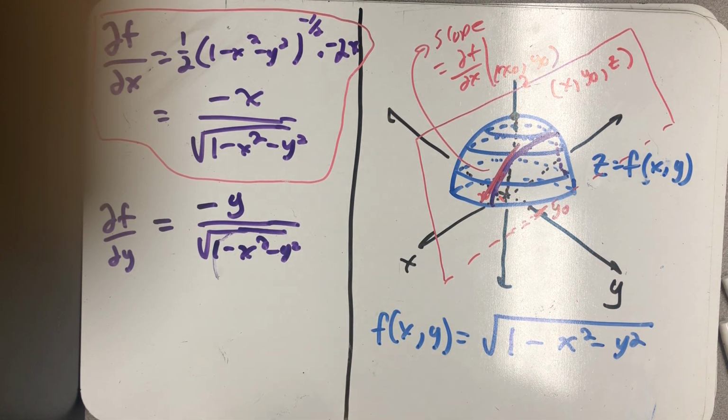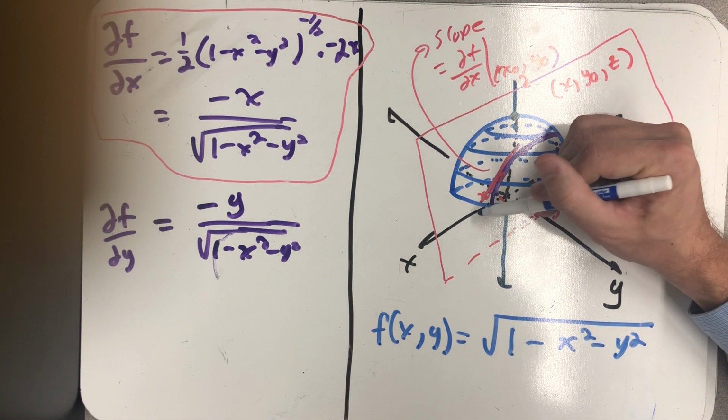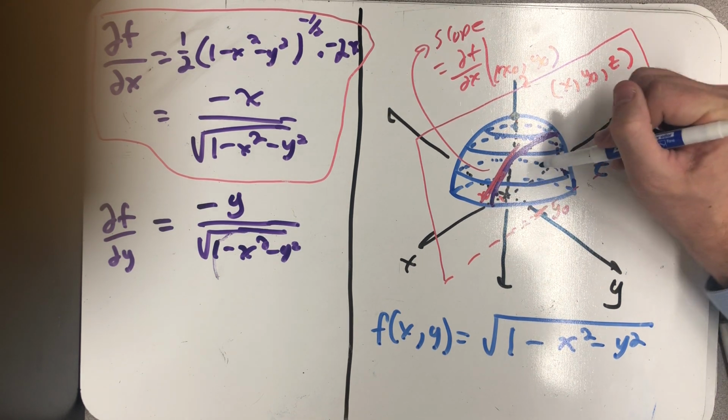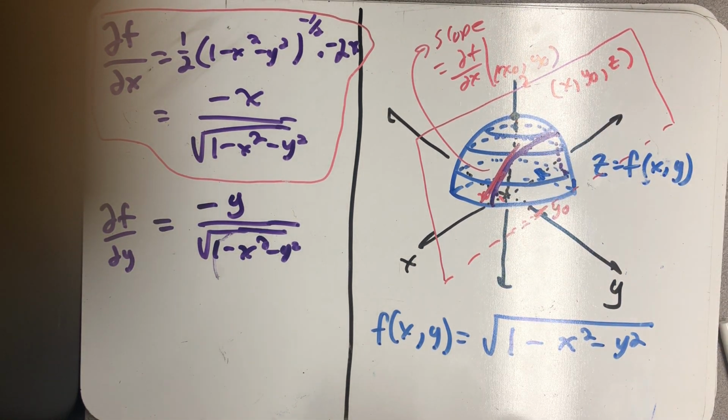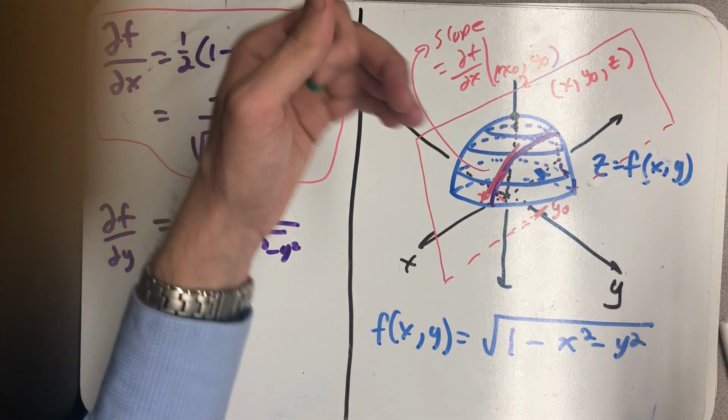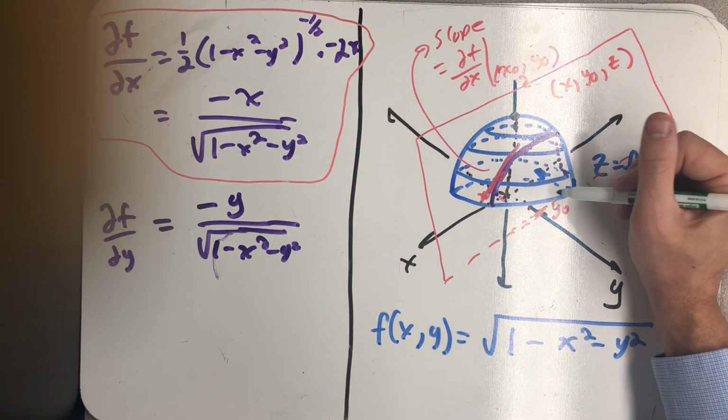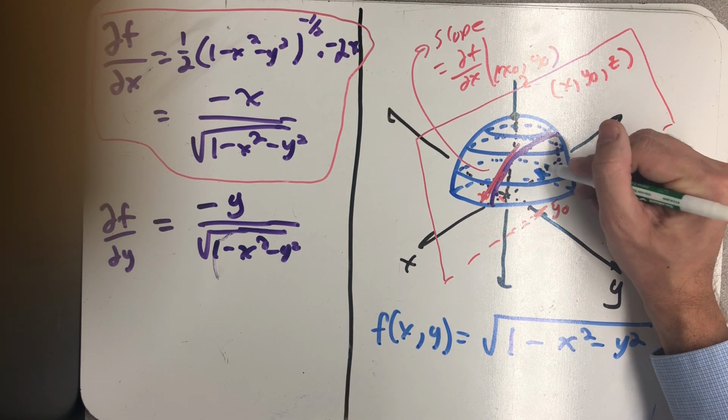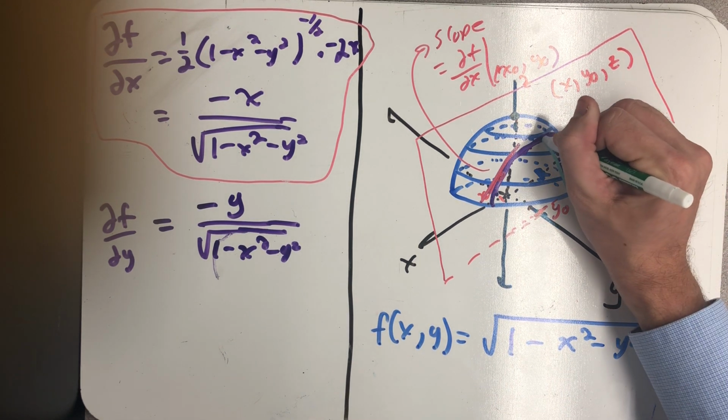In the same way, this formula is calculated treating x like a constant. So I could imagine fixing a value of x maybe back here. Again, that would give me a plane, this time parallel to the yz plane, and I'd trace out another semicircle.